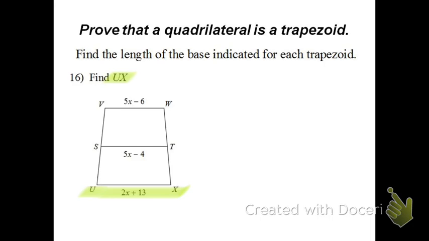So, originally, which we did a lesson ago, we said that you can take double the middle. If we double the middle, the 5x minus 4, we can set it equal to the sum of the other two sides, the 5x minus 6 and the 2x plus 13.